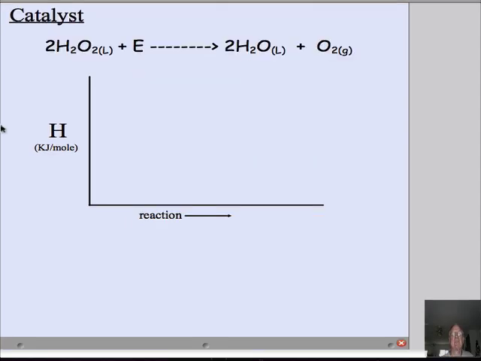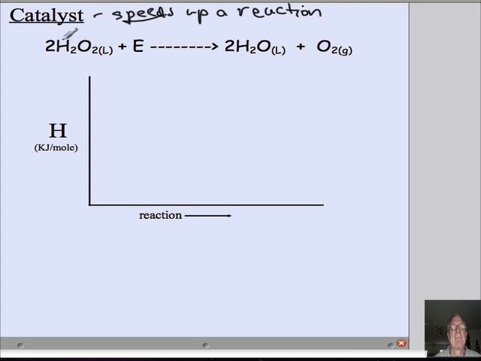So now, the effect of a catalyst on a chemical reaction. A catalyst is a chemical which speeds up a reaction, but isn't itself part of the reaction. So I'll give you an example here. It's a chemical that speeds up a reaction, but it's not one of the reactants or products.